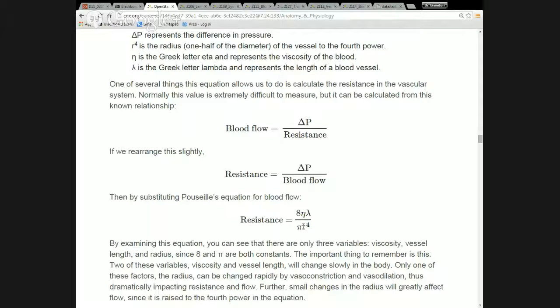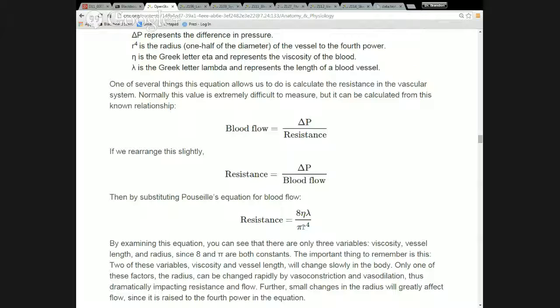What that means here is that radius, or we usually think of it as diameter, which is just twice the radius, is directly responsible for determining what resistance is.